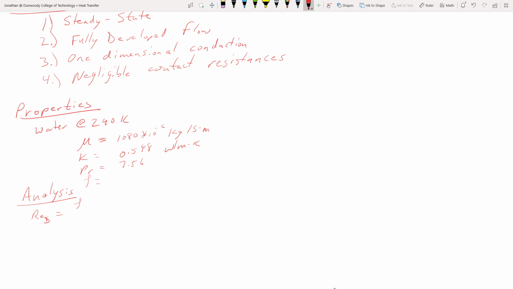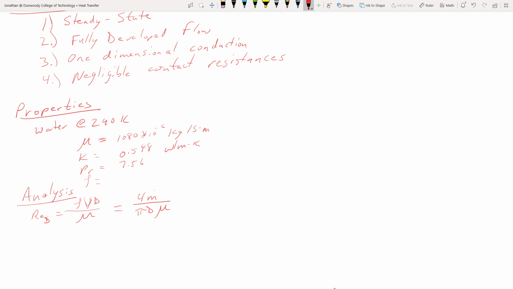Excuse me. If we're at 290, we're about 1,000 for that. Or we can rearrange it. We could rearrange this a little bit. Rho V D over mu can be 4 m dot over pi D mu. So just arranging a little bit here.